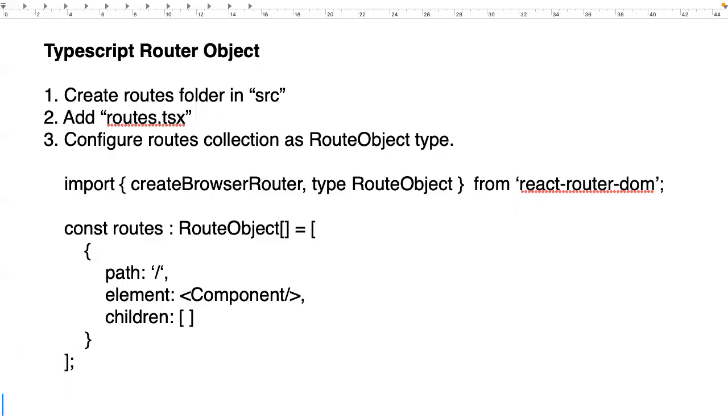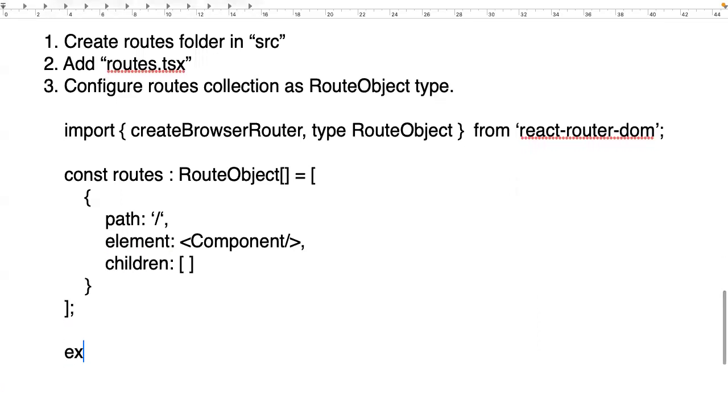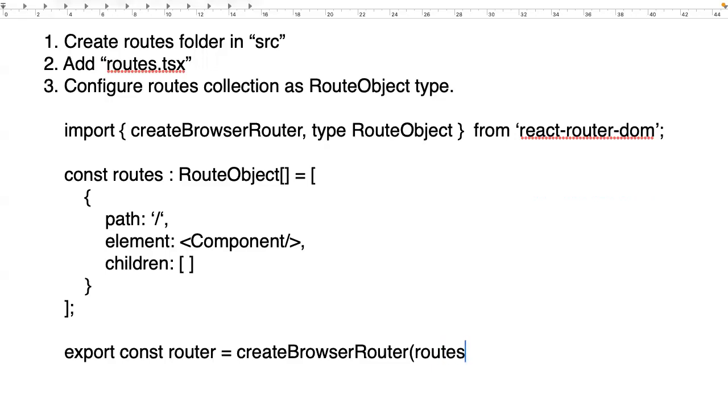After that, you need to export this. Export constant router is equal to createBrowserRouter. Into that, we have to pass the routes. That's how we need to do.